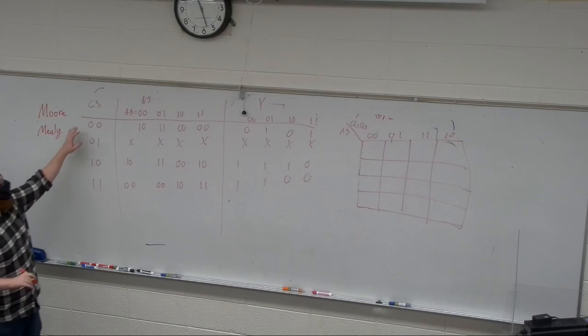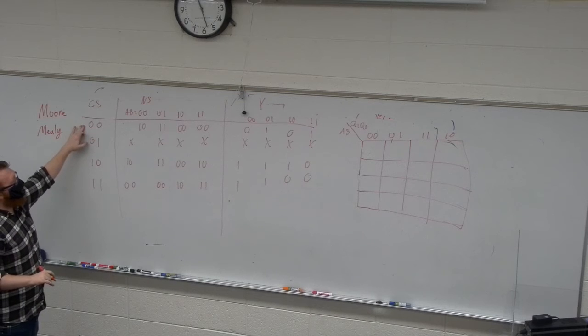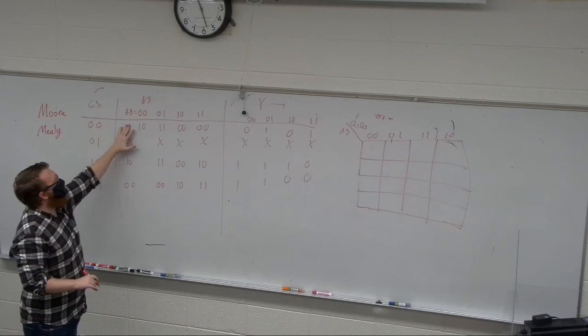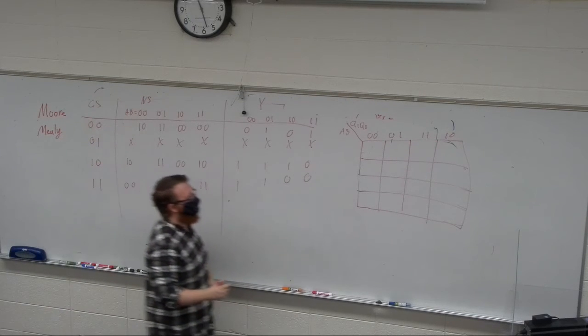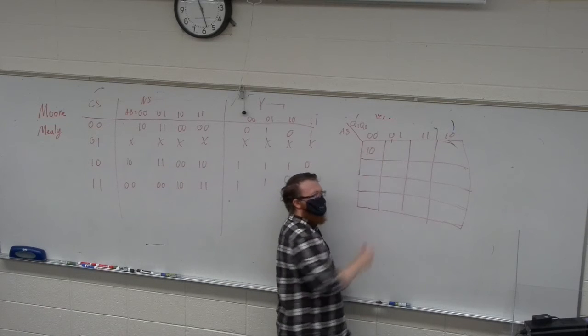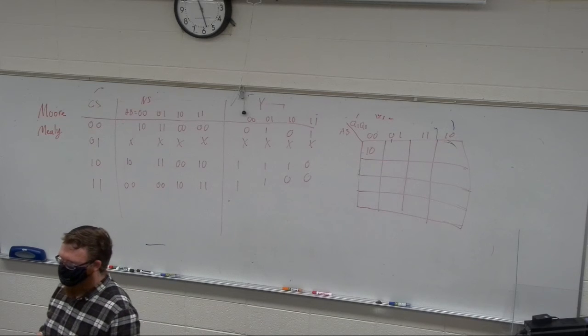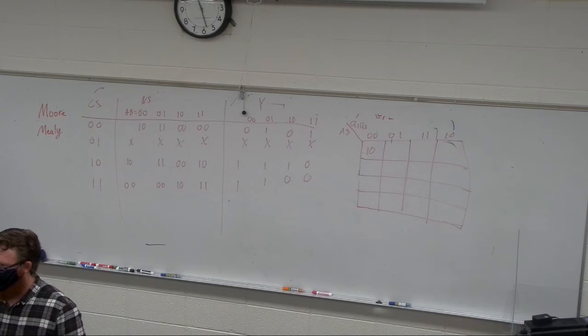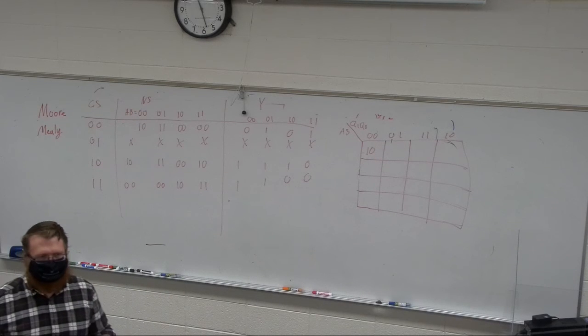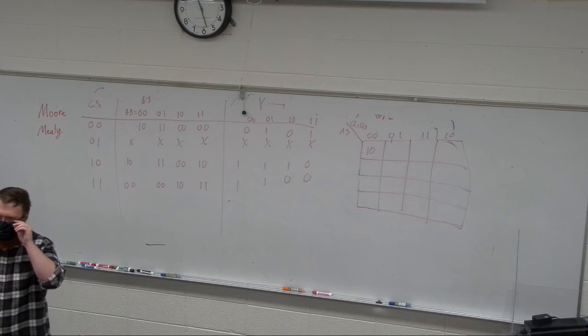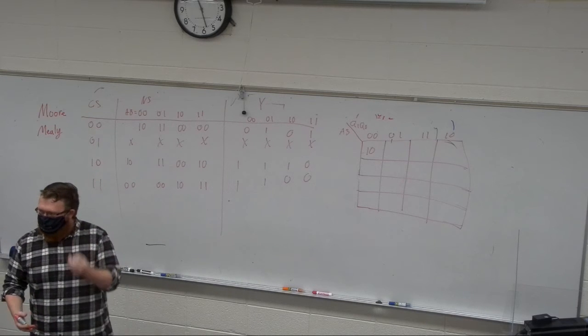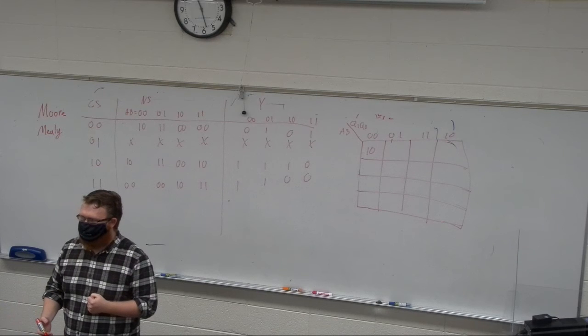If I have current state 0, 0, and AB is 0, 0, my next state is 1, 0. Well, that's a problem unless we start using VEMs, right? We don't want to use VEMs because I don't like teaching them. I never use them. What is an alternate that I could do?